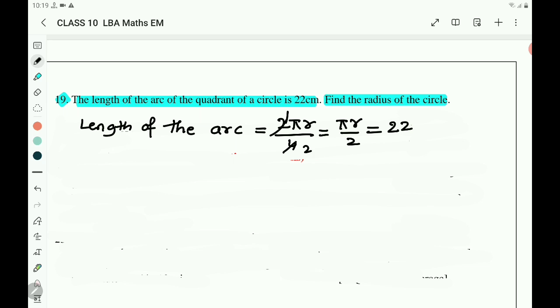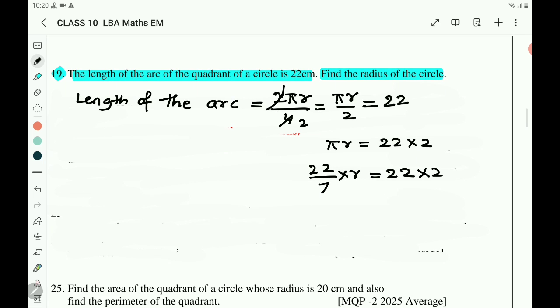Then what you have to find out is the radius. Then pi r is equal to 22 into 2. Transfer this 2 to the RHS. Then you put the value of pi. Pi value is 22 by 7 into r, write this r as it is, equals 22 into 2. Then r is to be found.